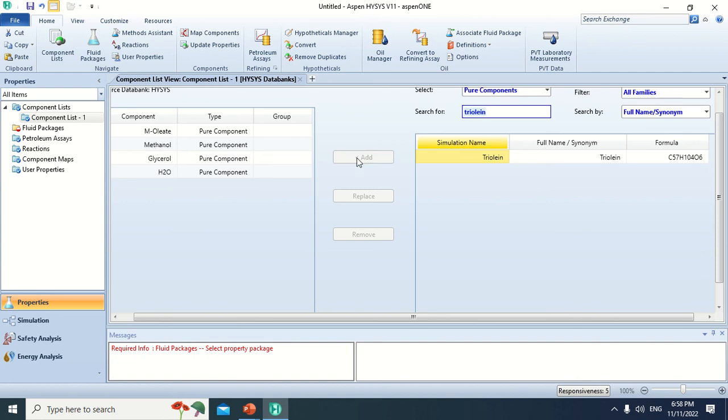Triolein. What is triolein? Triolein is a triglyceride formed by esterification of the hydroxy groups of glycerol with oleic acid.